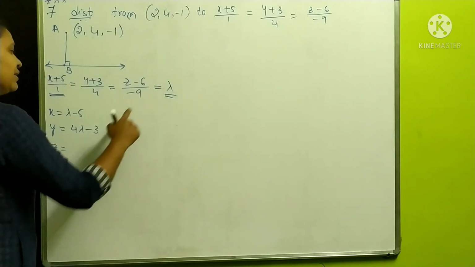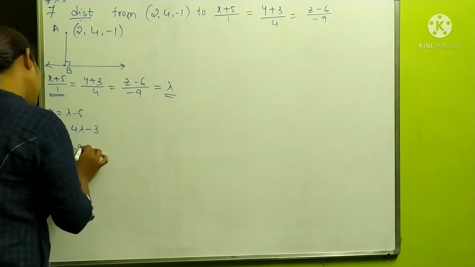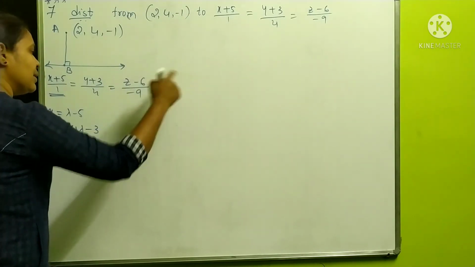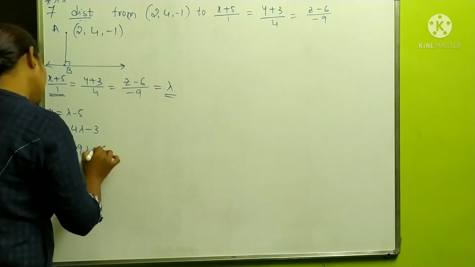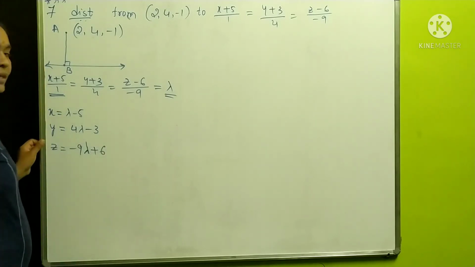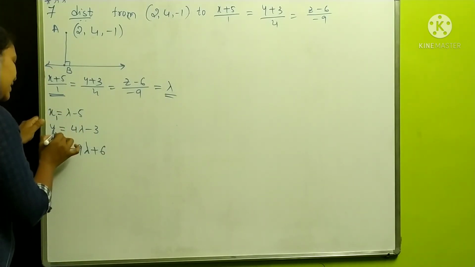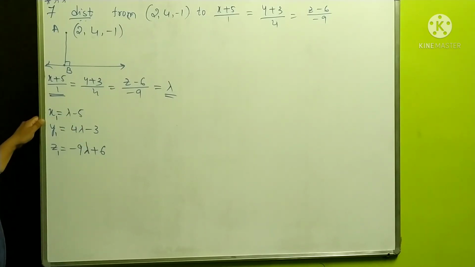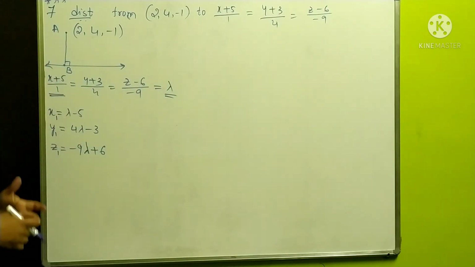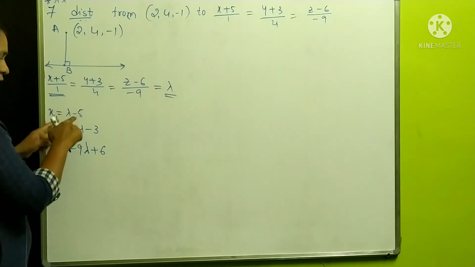Similarly, z is equal to minus 9 lambda, and the minus 6 goes to this side, so it is plus 6. Now this is a point on the line. You can take it as x1, y1, z1. As lambda changes, x1, y1, z1 changes. So I can take this as the point.